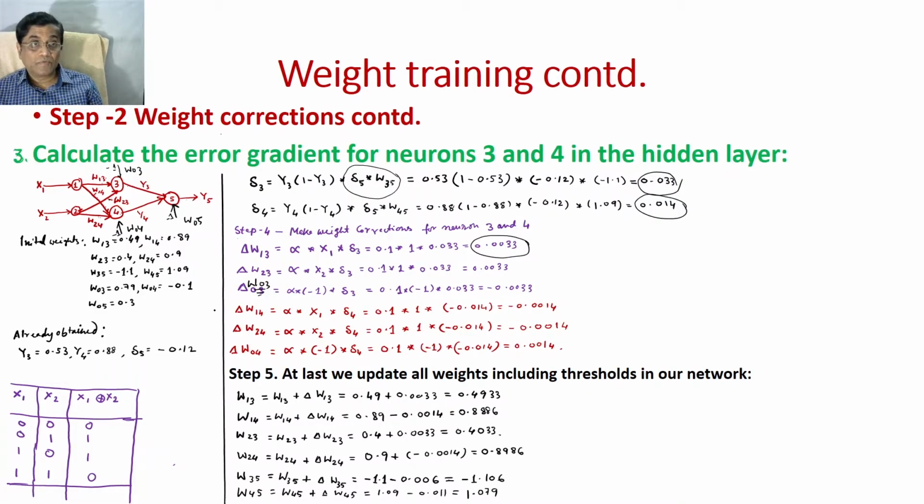So corresponding to one iteration, we have all the delta W, right? Now we are in a position to update W13, W14, W23, W24, just by adding.